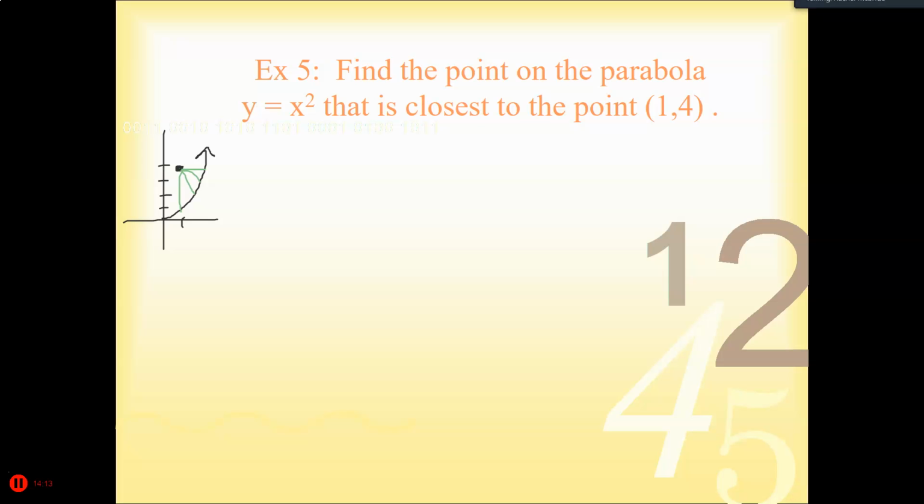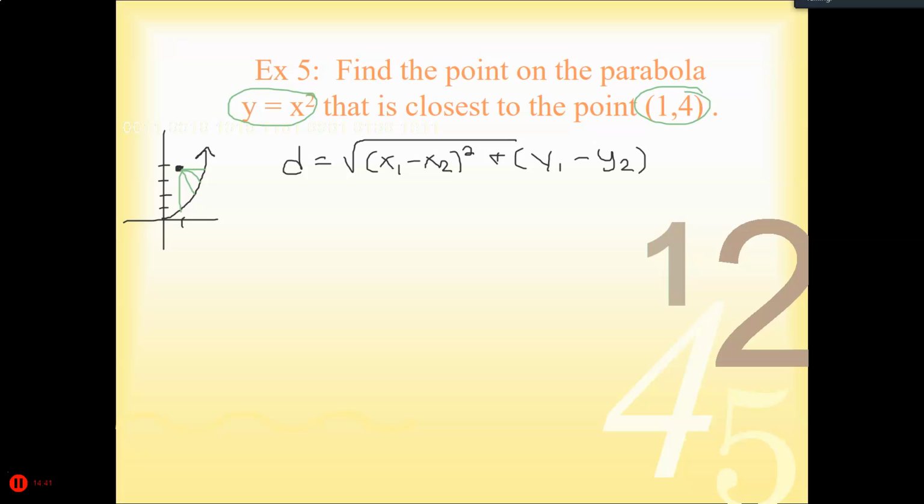So I have my curve, I have a point, and I'm trying to minimize the distance from a point on that curve. So the distance formula is a variation of what? What does this kind of look like?